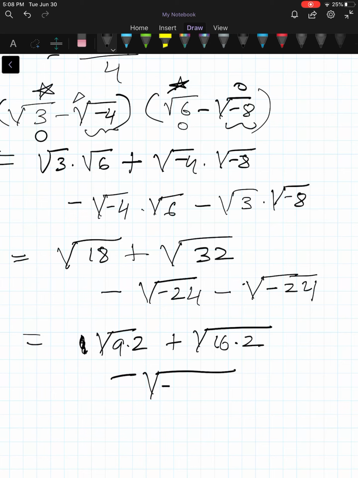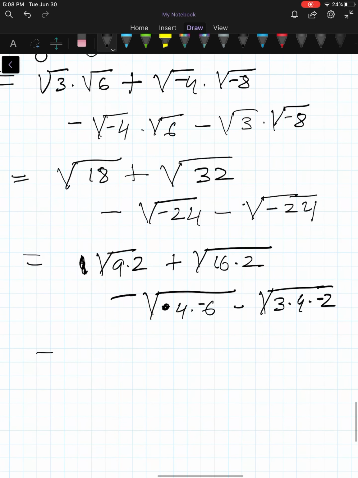Okay, I think I'm redoing what I did above. Yeah, negative 4 times 6, or you can put the negative sign in for 6. So minus square root of 3 times 4 times negative 2.